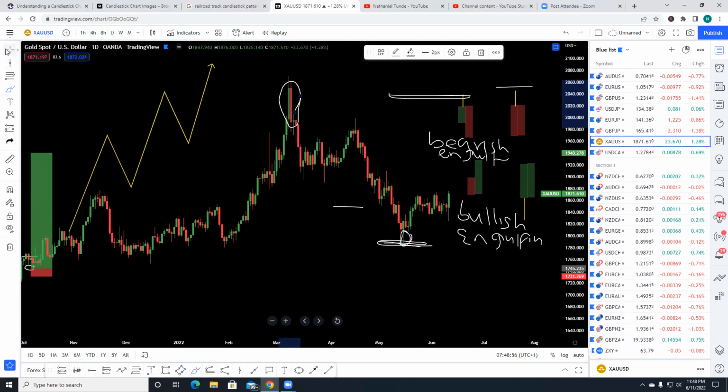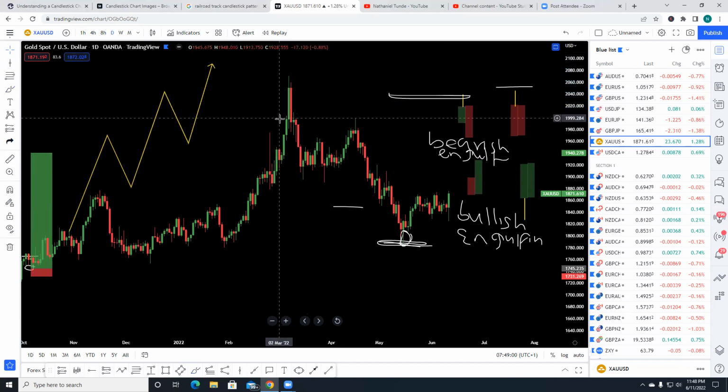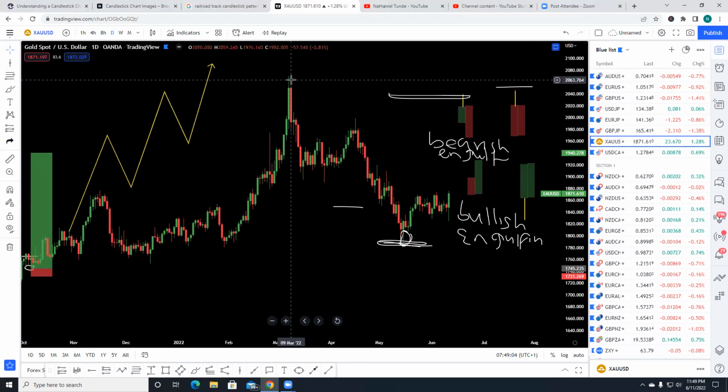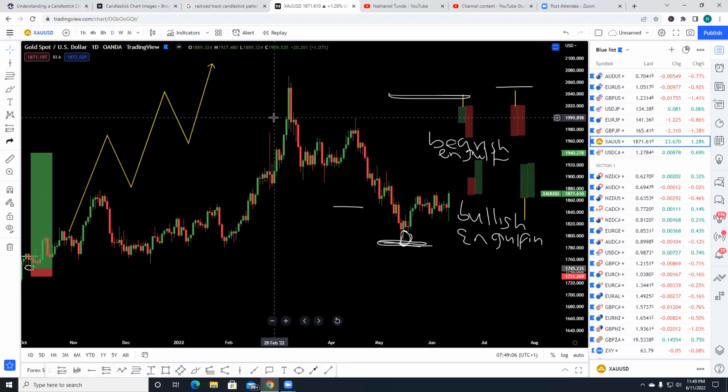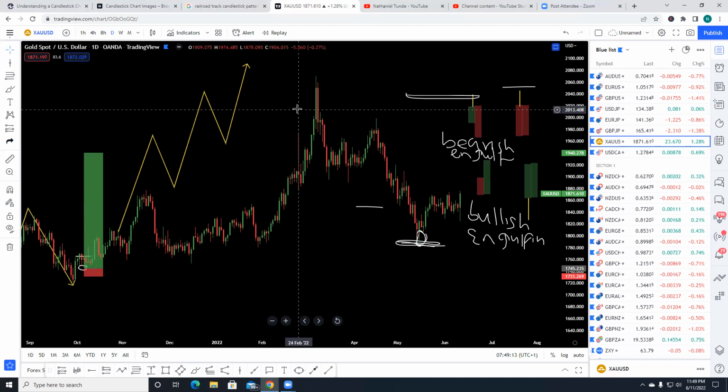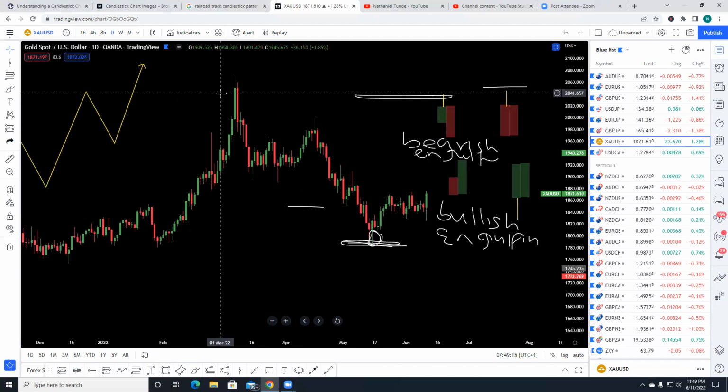The psychology behind the formation of this pattern is that there was a bullish pressure at resistance or supply area of the chart. But immediately, that buy pressure was consumed by a bigger sell order.